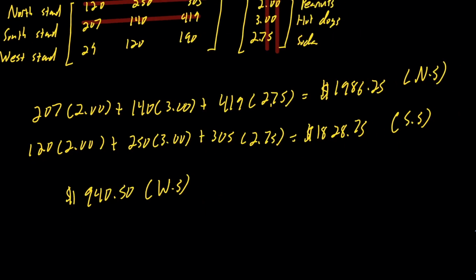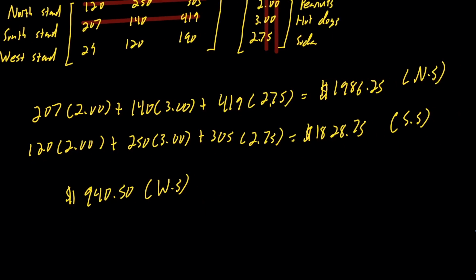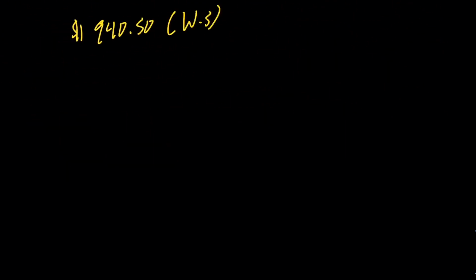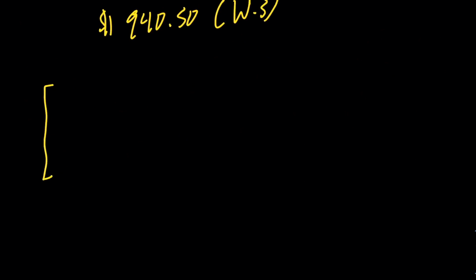Now, we have sales at each stand, and these preceding computations are examples of matrix multiplication. We could then write the product of the 3x3 matrix indicating the number of items sold, and the 3x1 matrix indicating the selling prices. What I mean by that is we can grab our prices, and this is from the matrix that was provided earlier with the sales from each stand.